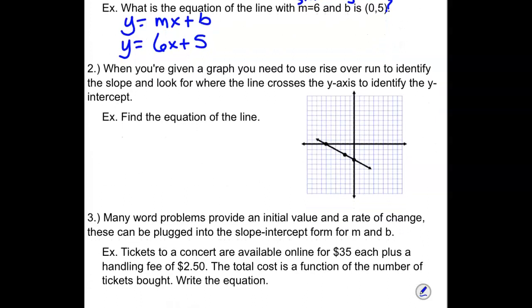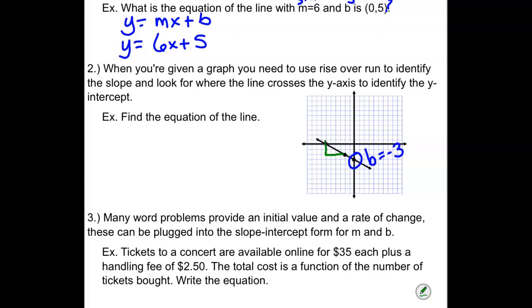If you're given a graph, we need to figure out our slope and our y-intercept from that picture. So notice on this one we've plotted a couple actual points. Our y-intercept right here we can identify as being at -3. Our slope we need to calculate. So we can use any two of these 3 dots. I'll just use these ones.